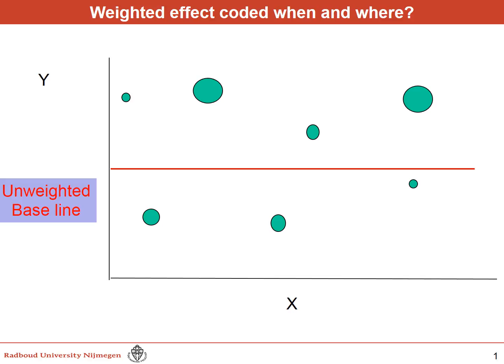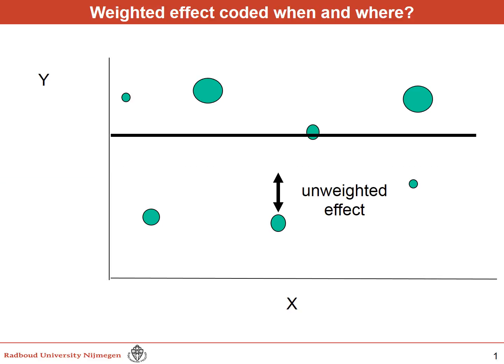And if we would just ignore the size of the circle, then the red line over here would be the unweighted baseline, and all effects would be compared to that red line. So that would be an unweighted effect, not taking into account the fact that we have different numbers of observations.